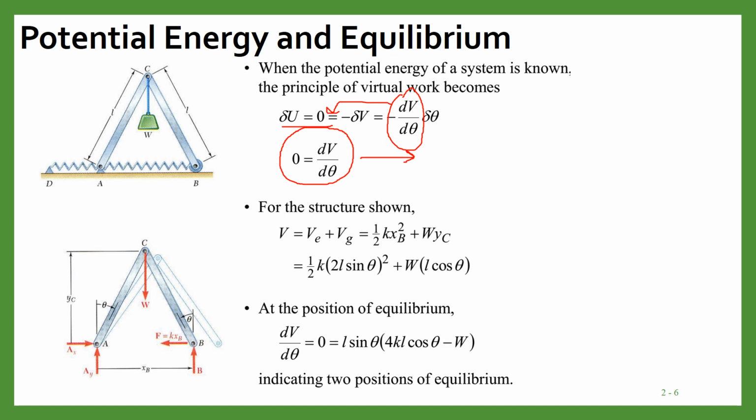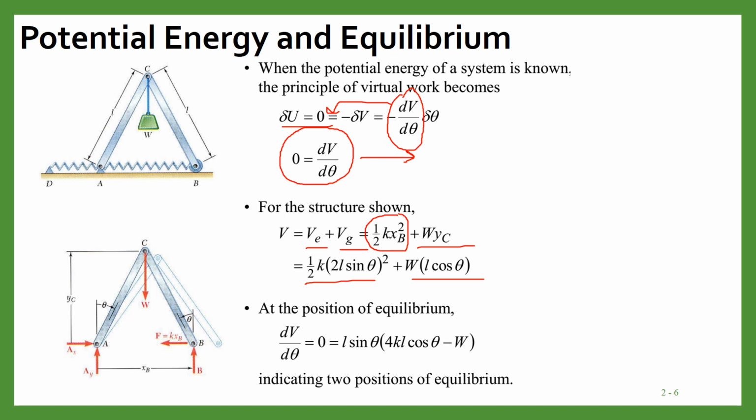Now suppose for this structure, the total potential energy is elastic potential energy plus gravitational potential energy. We know this elastic potential energy is half k xb square, and this gravitational potential energy is W yc. You can get the expression for xb, and then you can simply put it in, and you will get half k (2l sine theta) square plus W l cos theta.